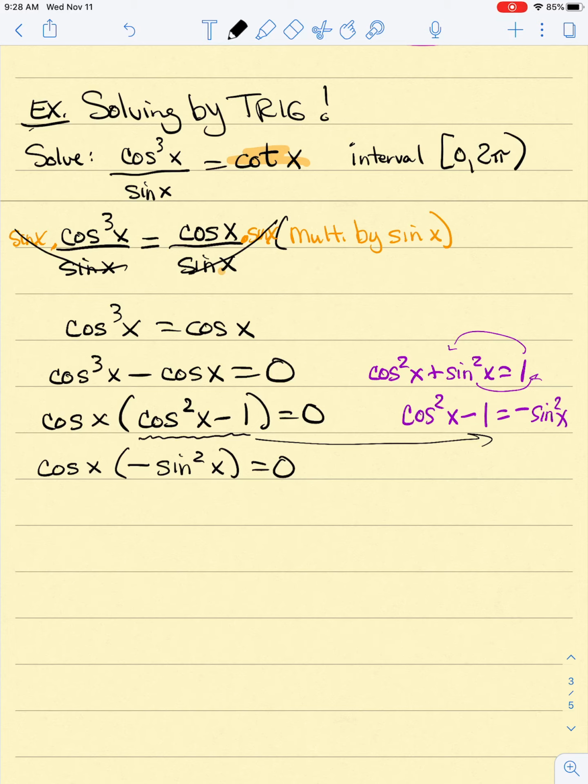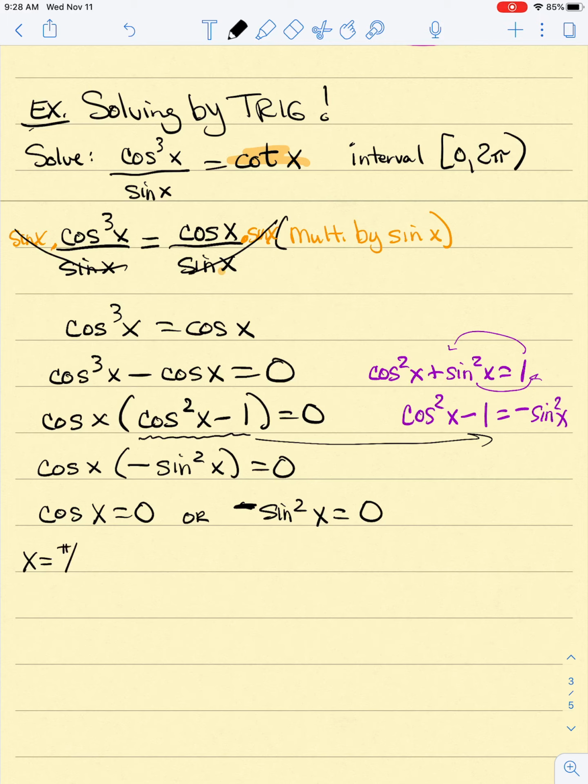All right, okay, so now what? Well, cosine x equals 0, or negative sine squared x equals 0. Now you have to think on your unit circle, where is the cosine x equal to 0?